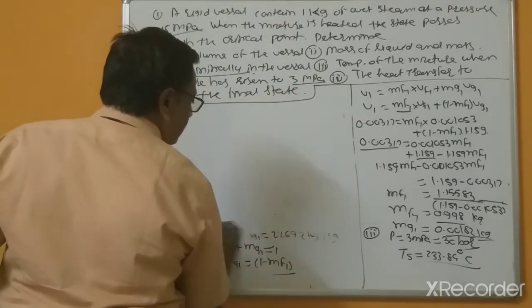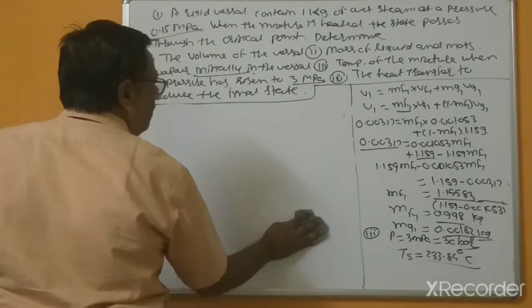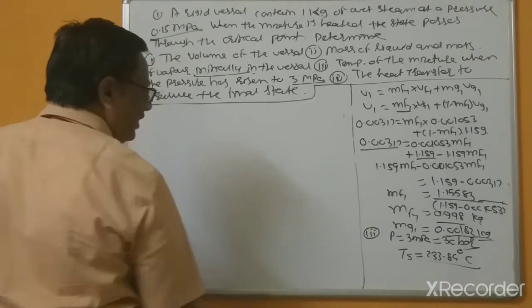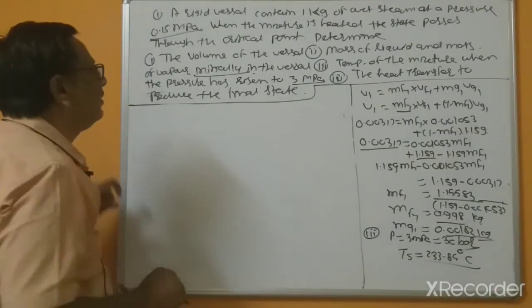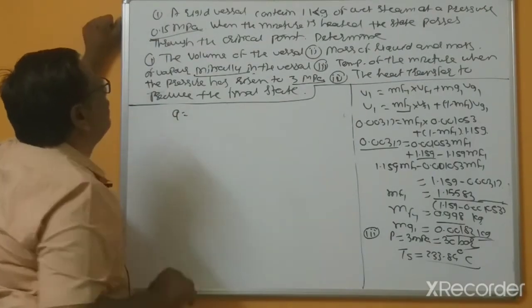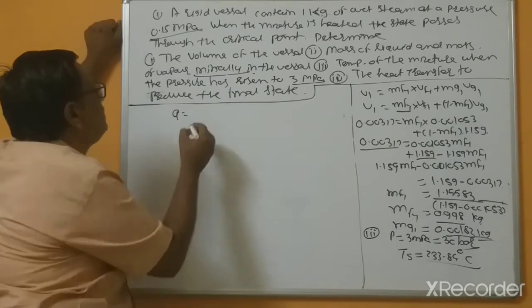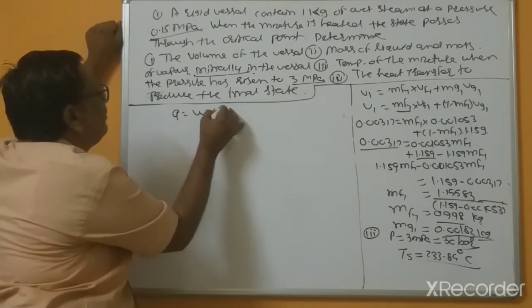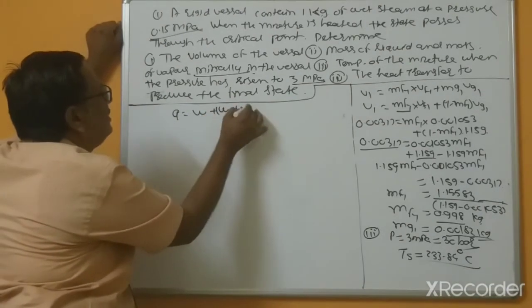So I am erasing this. If any values we require, we again have to extract them. Heat transfer means Q equal to W plus u2 minus u1.